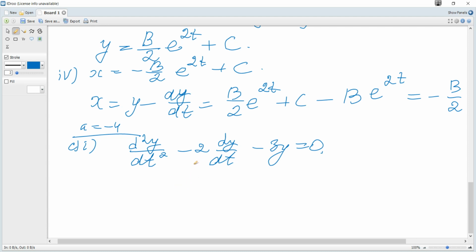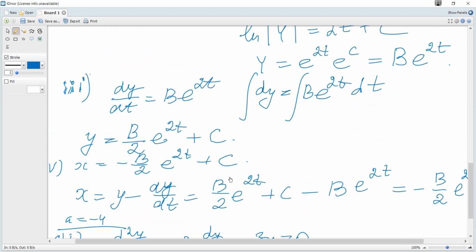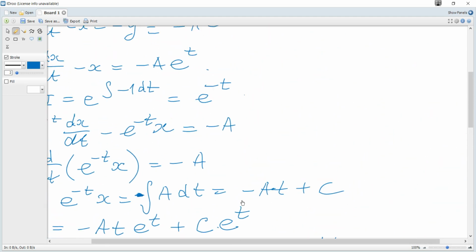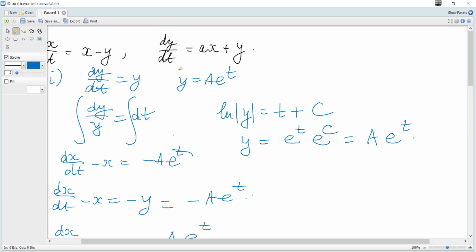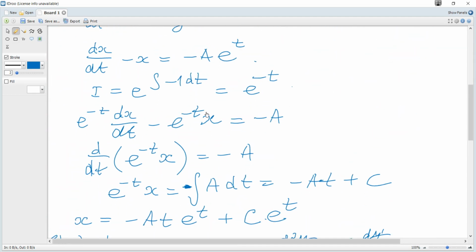So since a is -4, now dy over dt becomes -4x plus y.